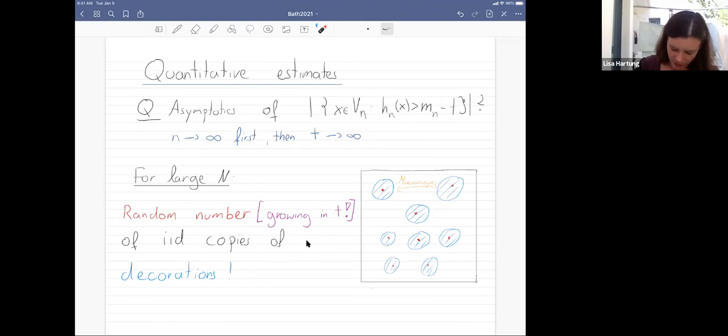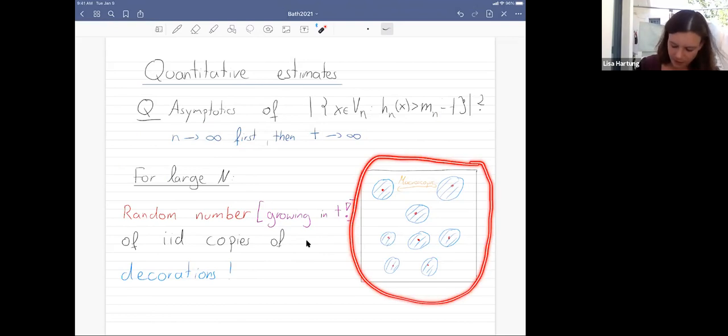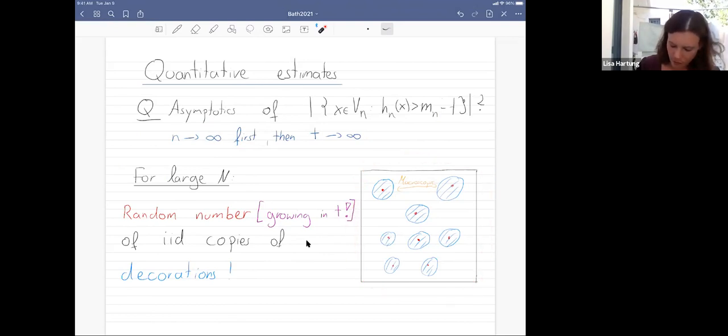And what is somehow the idea? Well, as we take n large, we move to this picture of high mountains with peaks. And as we then make t large, this number of red dots, so the number of extreme local maxima, is going to grow in t. And so what we are going to have to count in this level set are more and more copies of these blue areas, right?